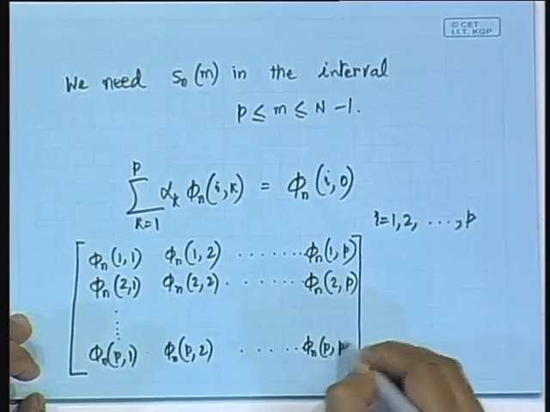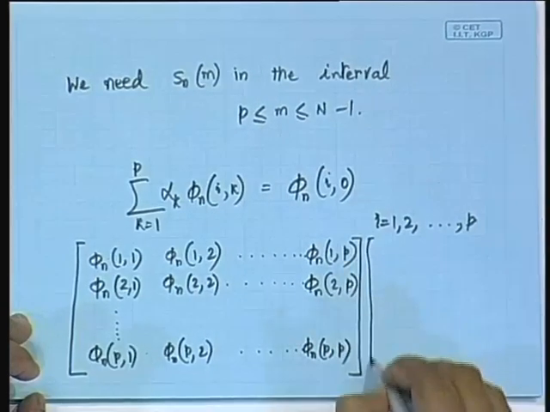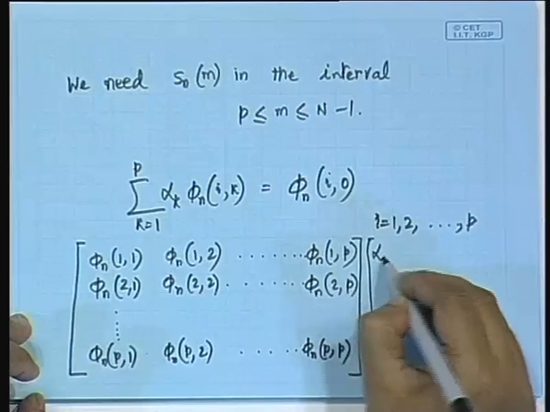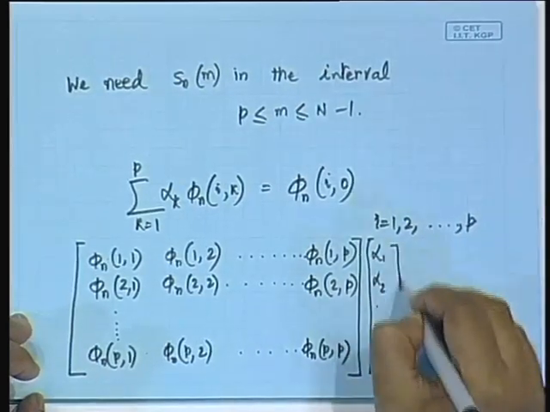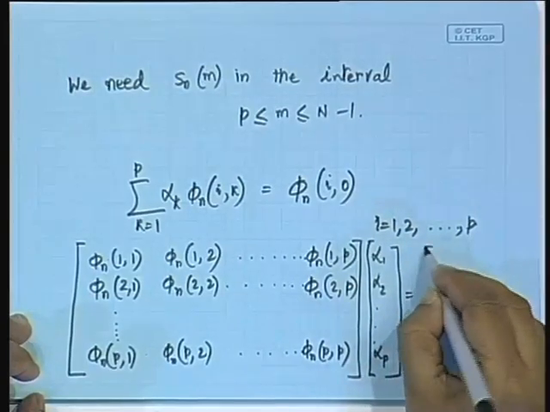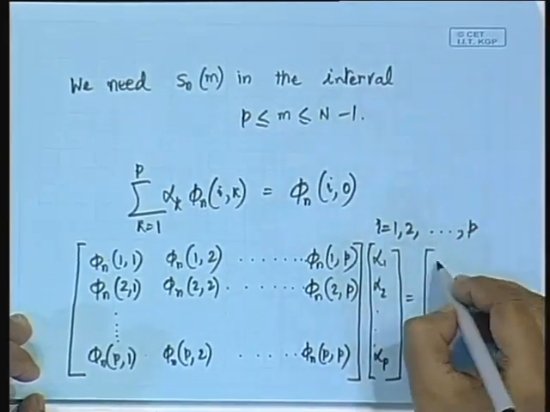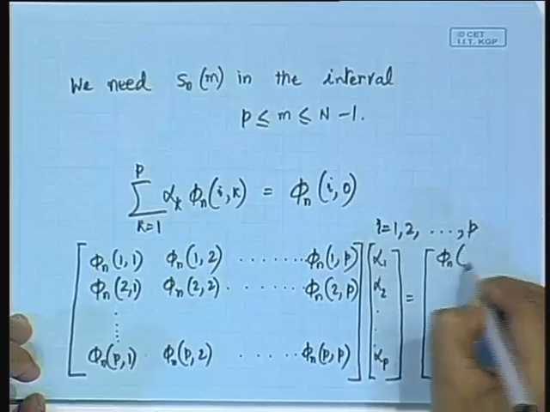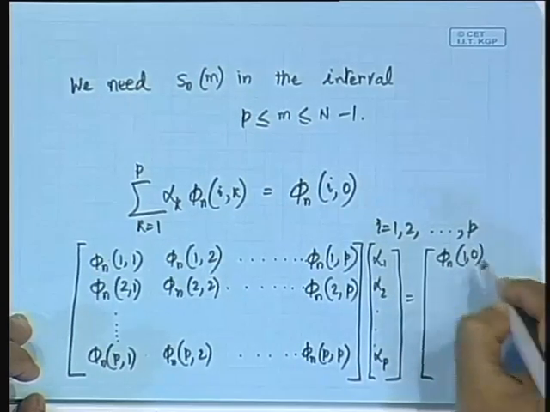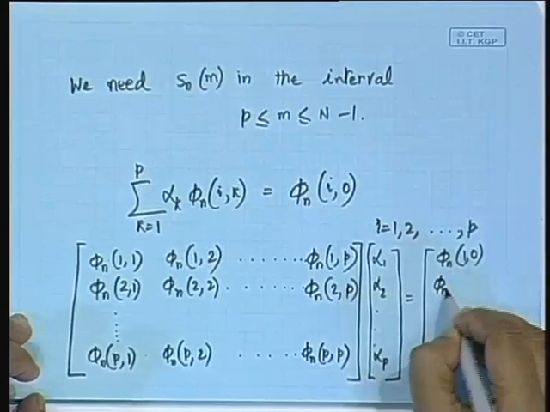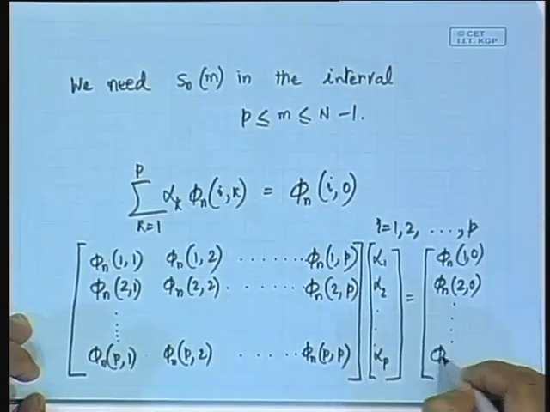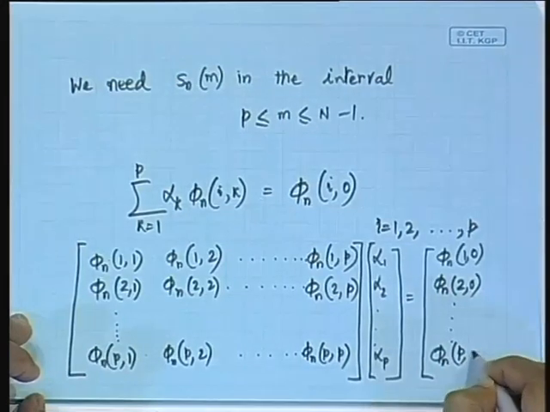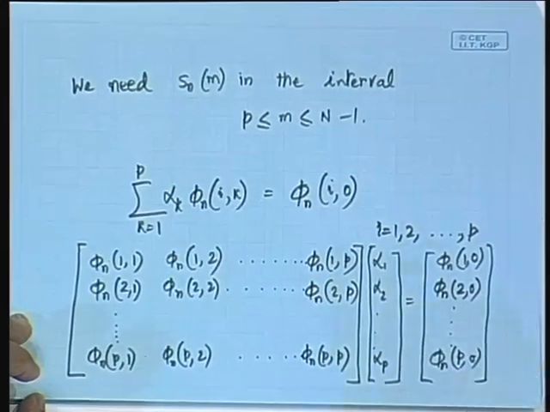So, this is also a p by p matrix, and here as usual it will be the column vector alpha 1 up to alpha p, and then on the right phi n 1 0 in the first row, phi n 2 0, and last phi n p 0. So, this is the matrix equation that we have.